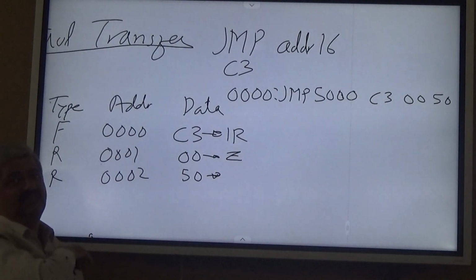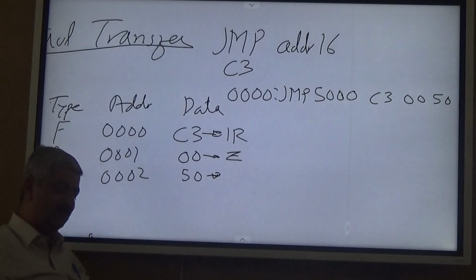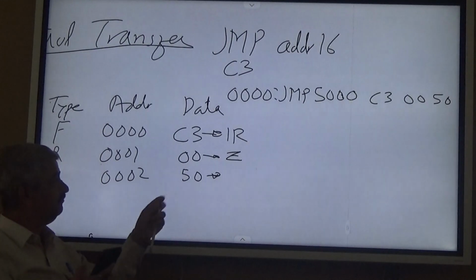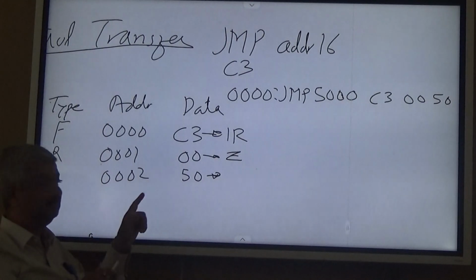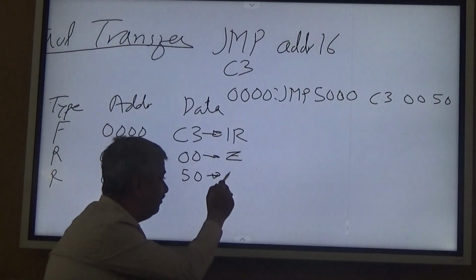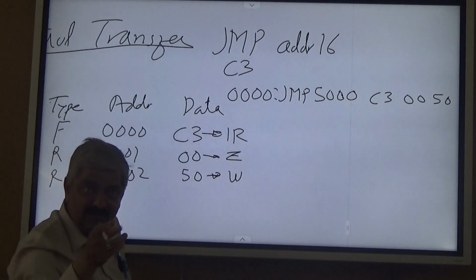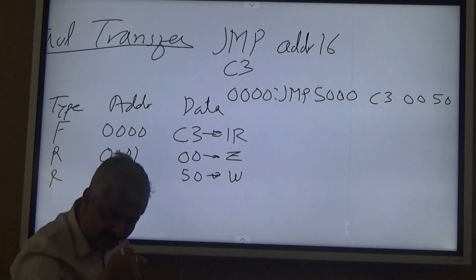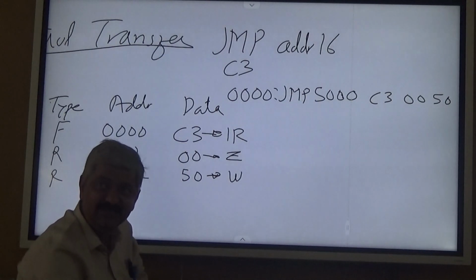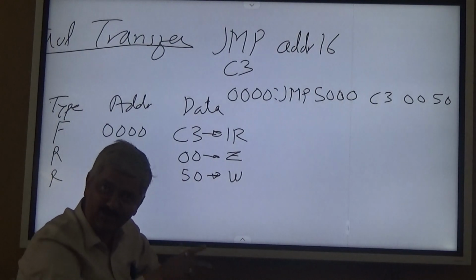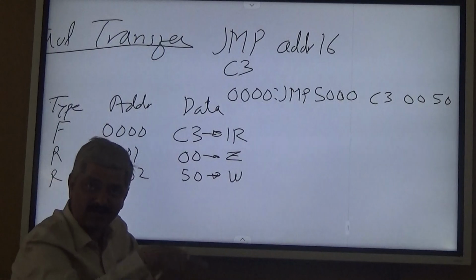This is the lower byte of the new program counter, which I will be requiring later on. Then this next one should go to W, and then what is W and Z? 8085 has read the instruction jump 5000, and put 00 and 15 in W and Z, to be put into the program counter.